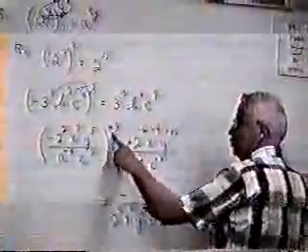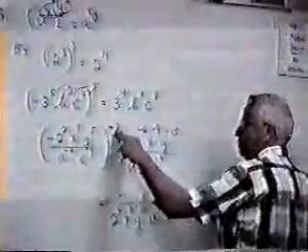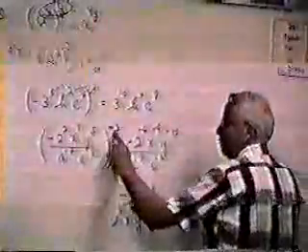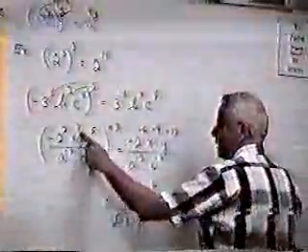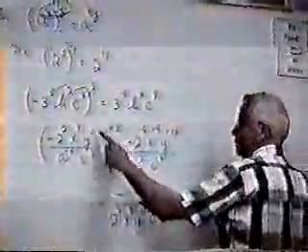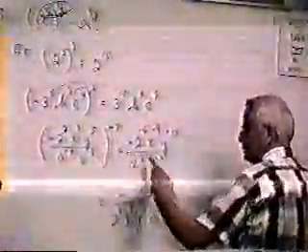But use the new rule first, Rule 5, that says raising powers to powers, you multiply. So minus 3 times this 2 is a minus 6. Minus 3 times this 3 is a minus 9. Minus 3 times this is a minus 15. Minus 3 times this is a plus 12. And a minus 3 times this is a minus 6.